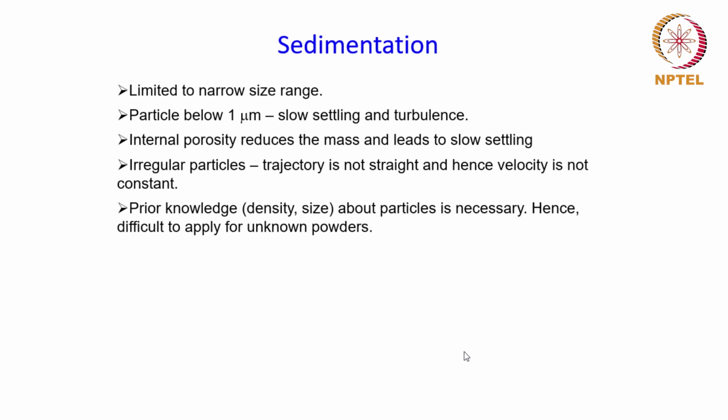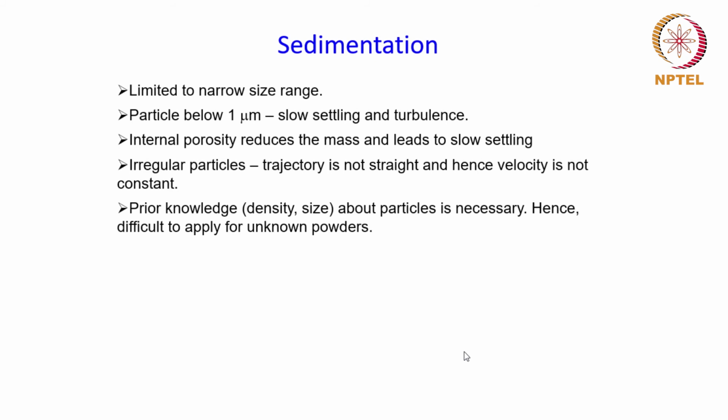And apart from that, the other difficulty you can encounter in this technique is about the type of particles. For example, if you have irregular particles, the trajectory of the movement of particles through the fluid is not straight, and hence a constant velocity cannot be expected, and the accuracy of the measurement will not be good when the particles are irregular in shape.